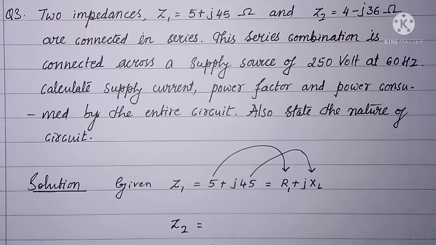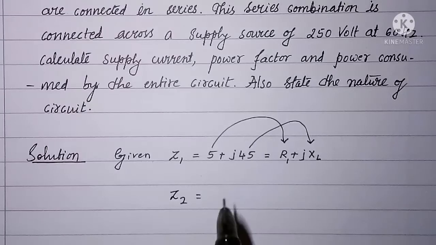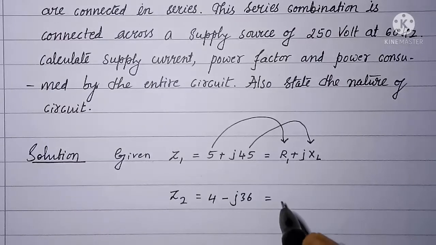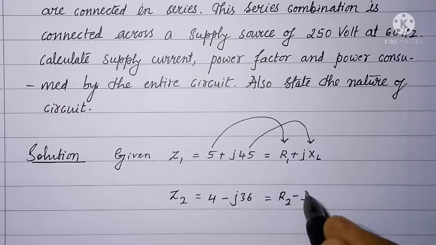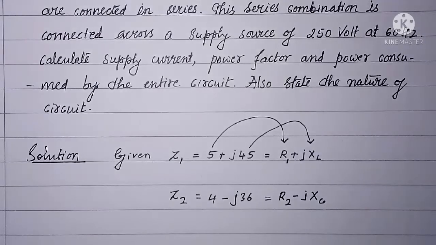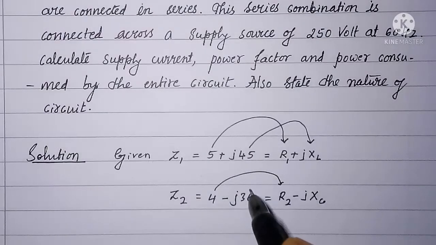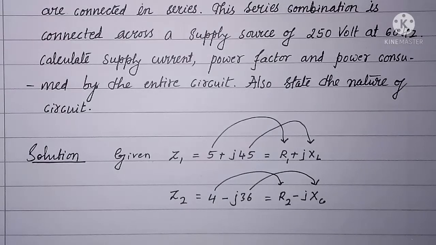Similarly Z2 is equal to 4 minus J36 ohm and it is of the form R2 minus JXC. By comparison R2 is 4 ohm and XC is 36 ohm.